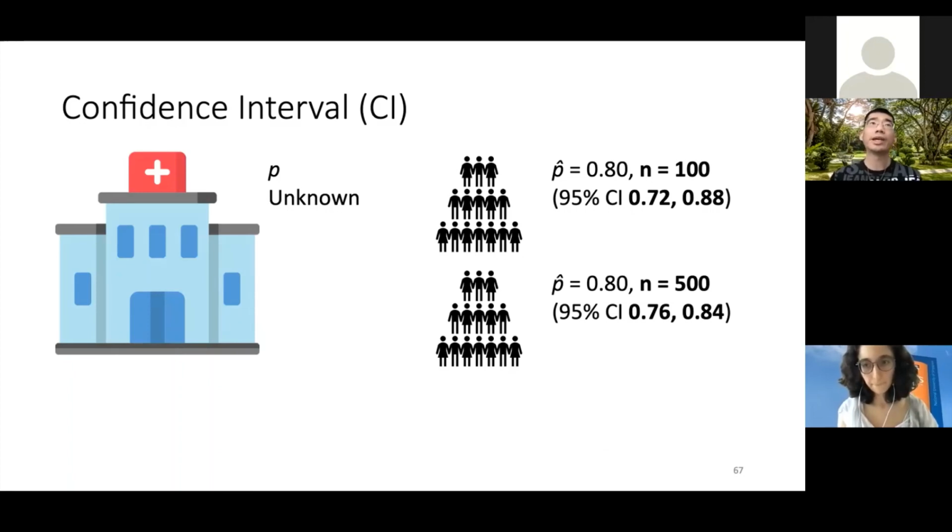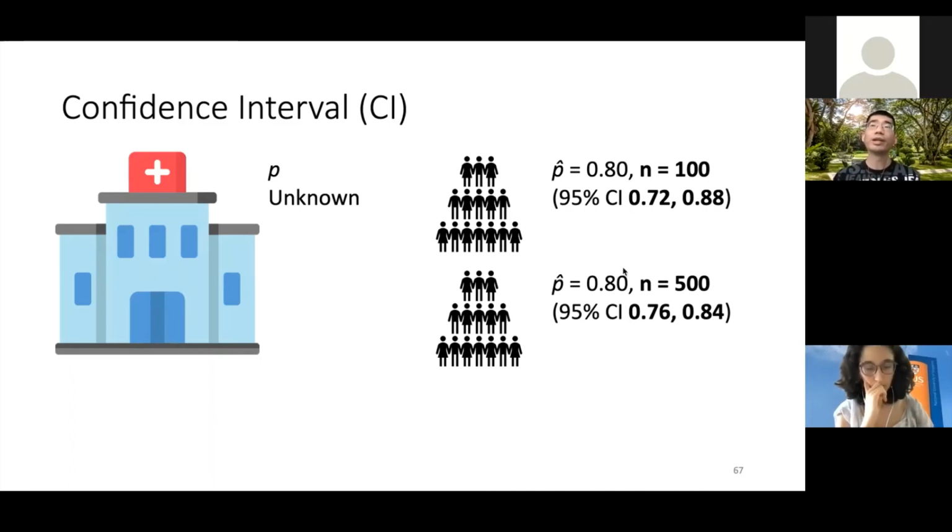And we can see that even though the model gets an accuracy of 0.8 on both samples, notice that the confidence intervals are tighter for the larger sample and wider for the smaller sample, right?